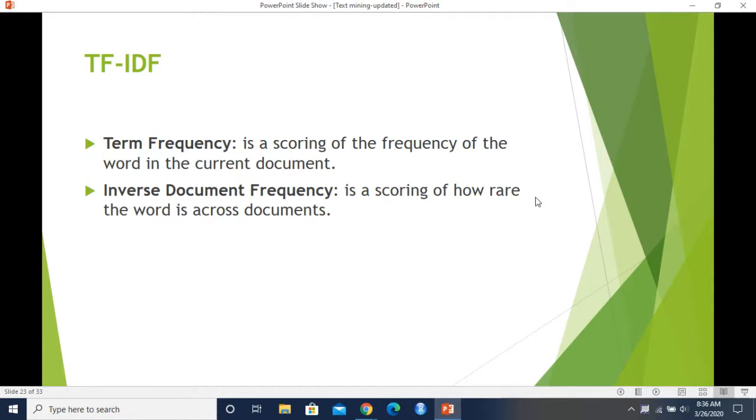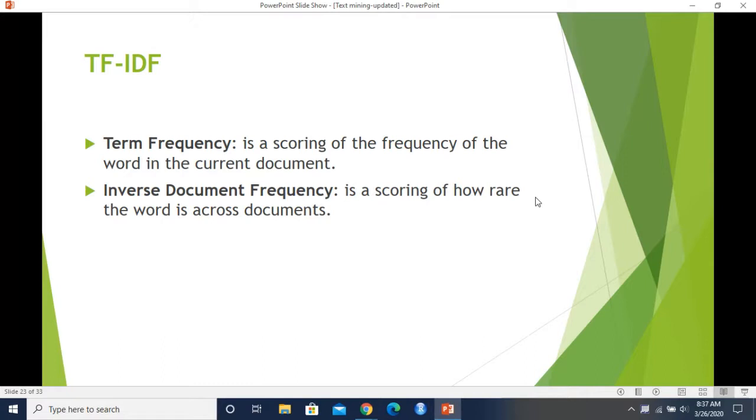One approach is to rescale the frequency of words by how often they appear in all documents, so that the scores for frequent words like "the" that are also frequent across all documents are penalized. This approach to scoring is called term frequency inverse document frequency, or TF-IDF for short, where term frequency is a scoring of the frequency of the word in the current document.